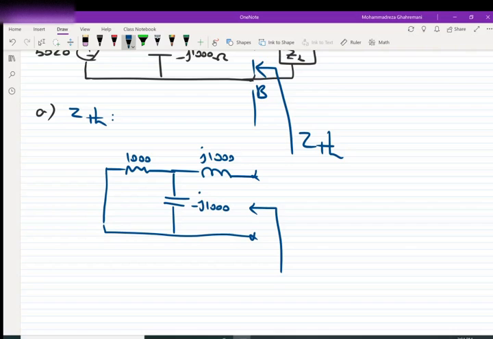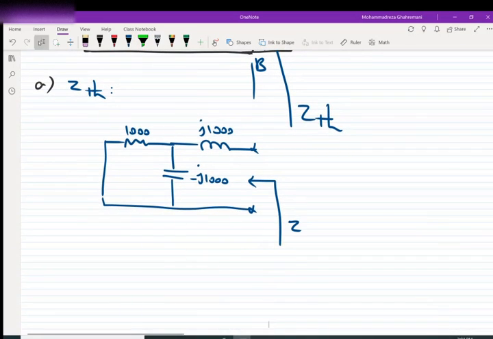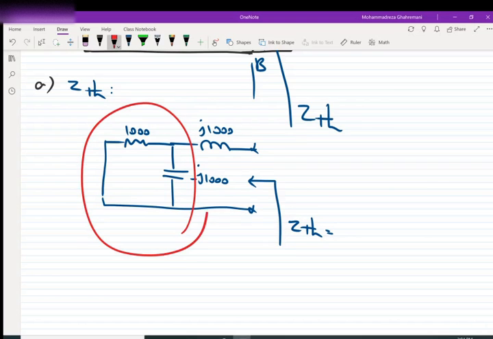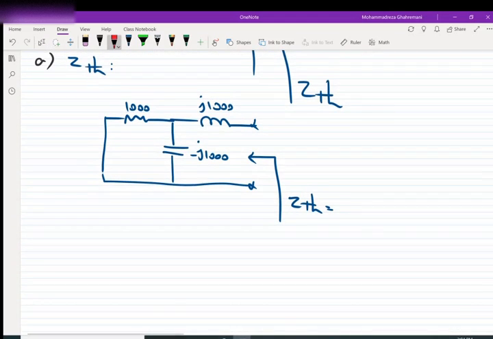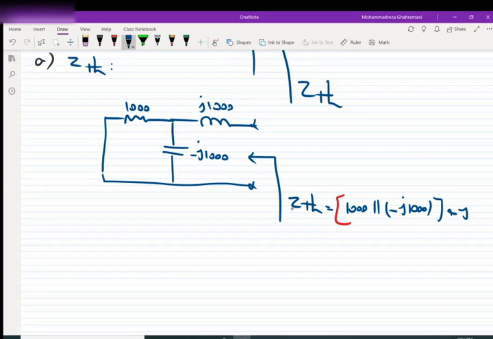Z Thevenin is equal to these two in parallel, in series with this inductor. So Z Thevenin is equal to 1000 in parallel with negative J 1000, plus J 1000.